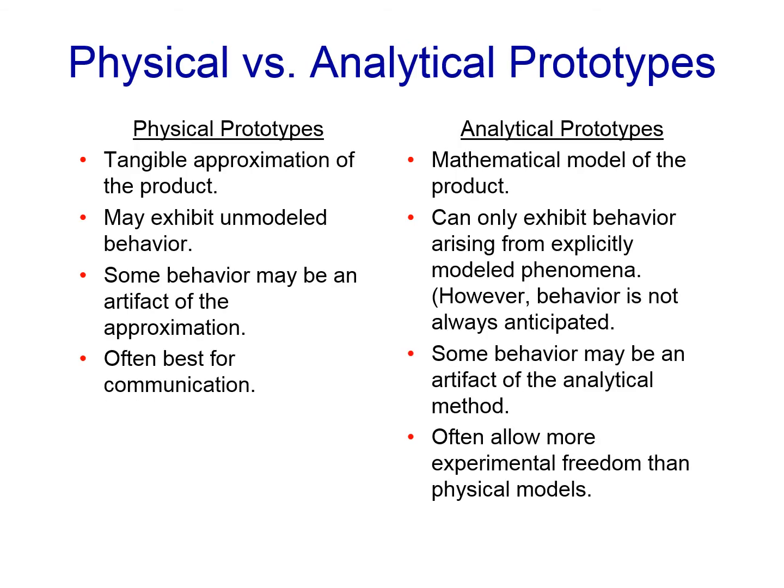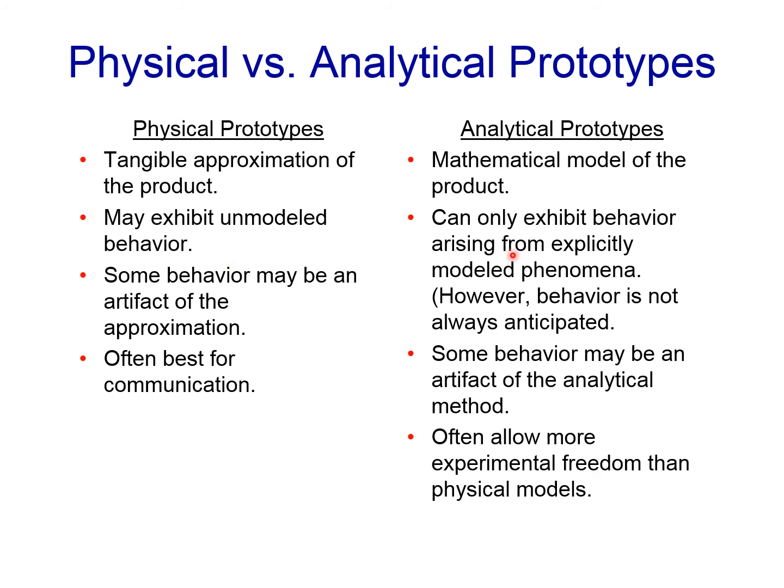A summary for the comparison between physical and analytical prototypes. Physical prototypes are tangible approximations of the product, while analytical prototypes are mathematical in nature. Physical prototypes may exhibit unmodeled behavior because you cannot just model them.